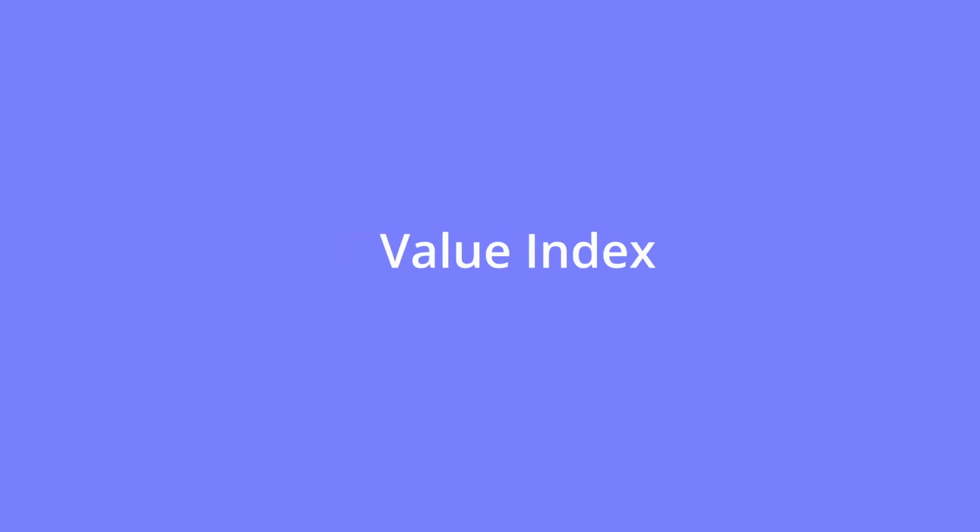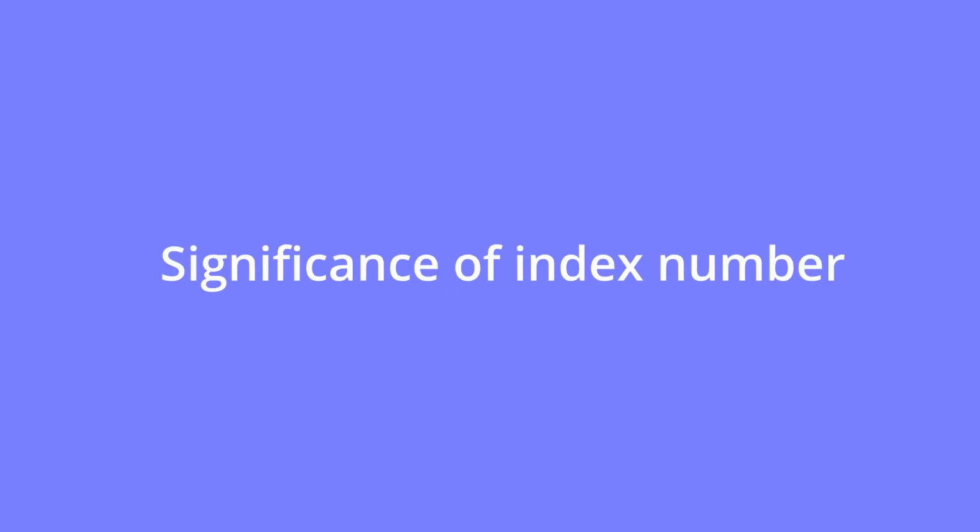Value, as the name suggests, measures the change in the value, which you can get by multiplying price to quantity. And special purpose index numbers are basically used for special purposes like import export index, productivity index, share price index, etc.